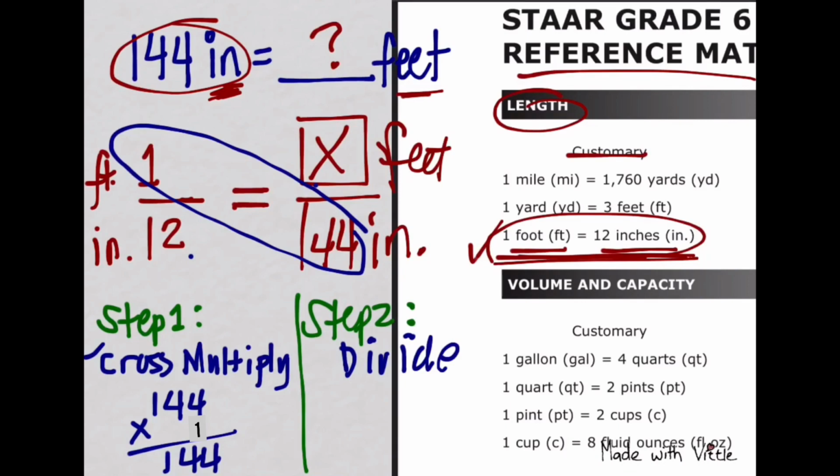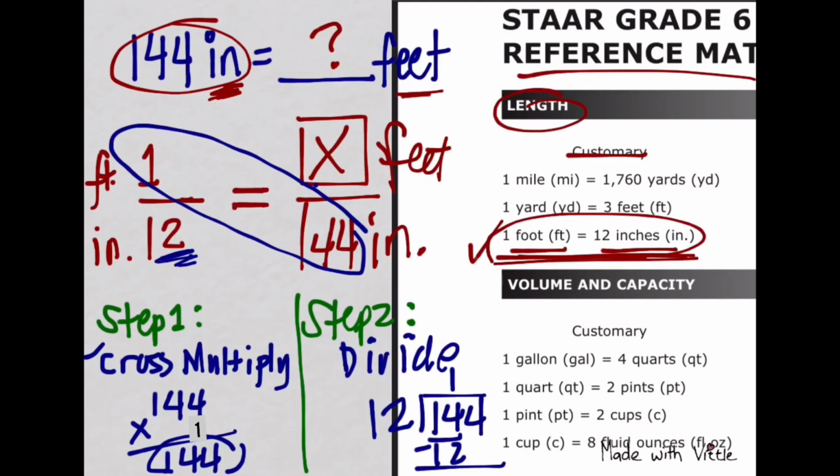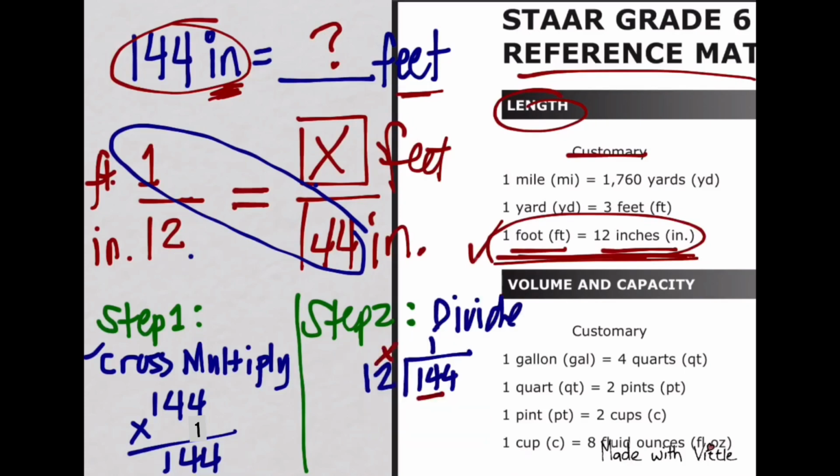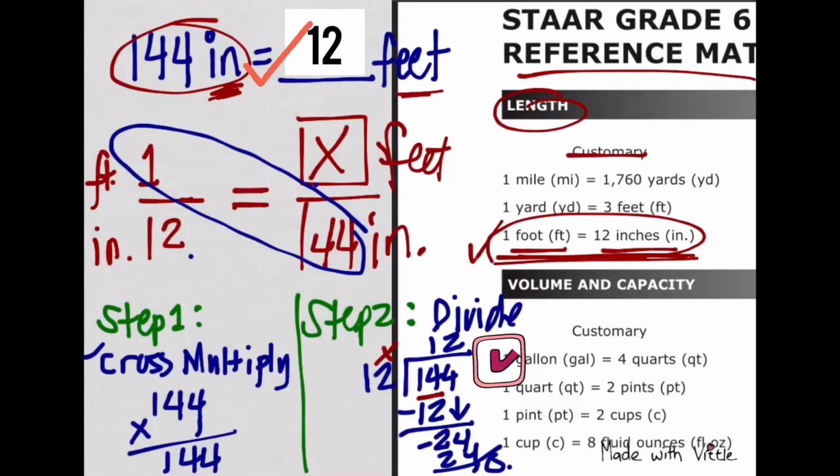So whatever you got from step 1, you put it inside a division box and then divide it with the other number we haven't used from our proportion. So which number we haven't used here is the 12. So that's going to be our divisor. And you know that 144 divided by 12 is 12. Therefore, 144 inches is equivalent to 12 feet.